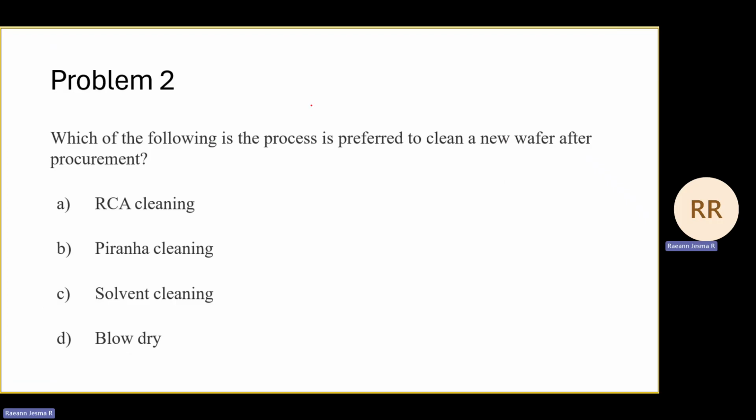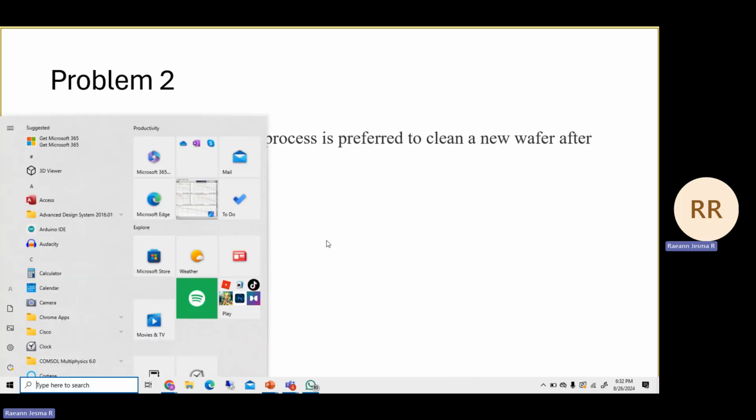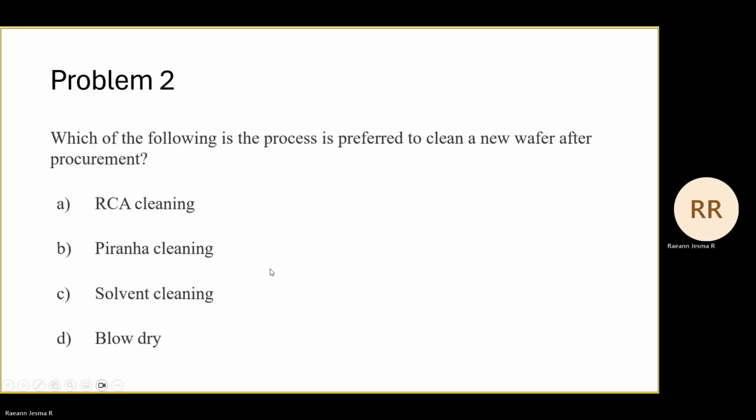So here one important thing to note in this question is that it is asked what is the process that is preferred to clean a new wafer, right? After procurement.